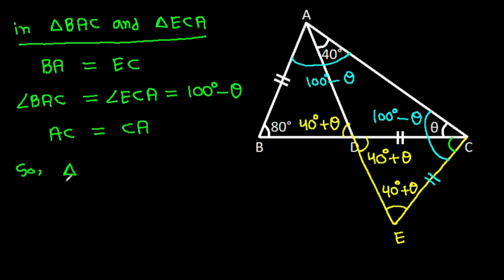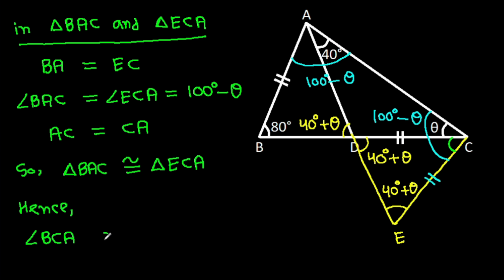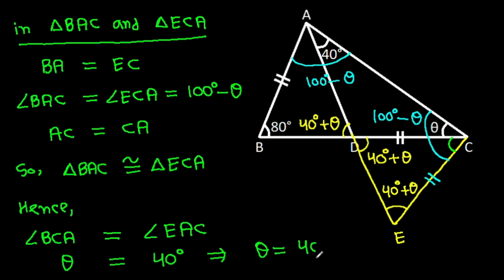So triangle BAC will be congruent to triangle ECA. Hence angle BCA will be equal to angle EAC, and angle BCA is theta, it is equal to angle EAC, which is 40 degrees. So theta is 40 degrees.